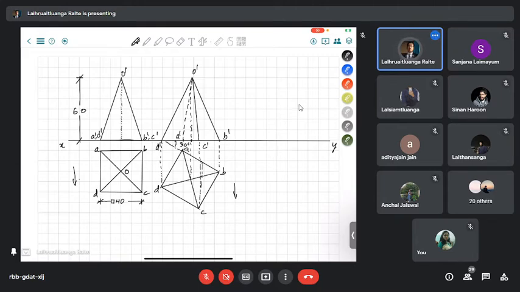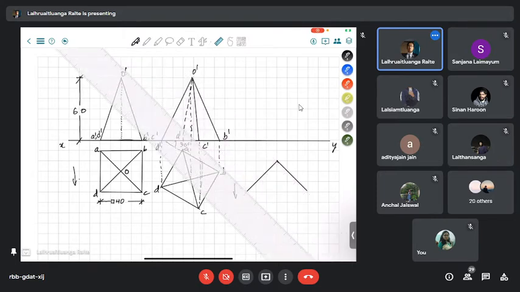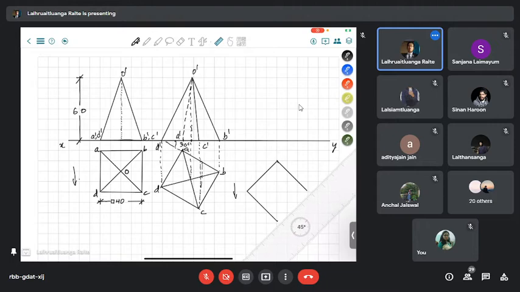So the next condition states that all of the sides are equally inclined. As I have mentioned, equally inclined means 45 degrees. So let's pull a 45 degree. All right.